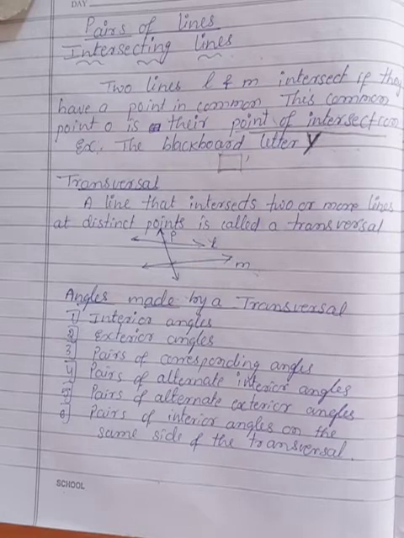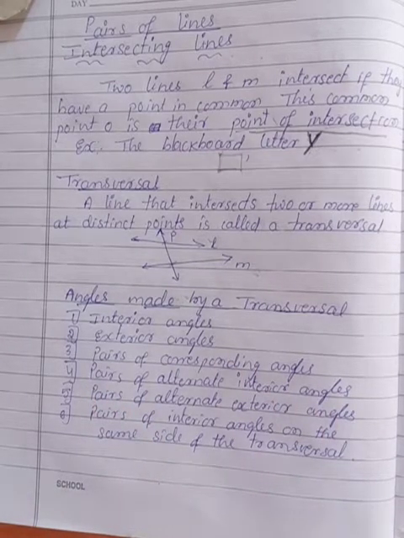Now let us go with the different angles formed by a transversal. Whenever two lines are cut by a transversal, what are the angles that are formed?